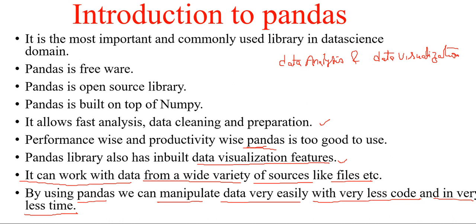You can know the statistical aspects of the data, the column information, and the number of rows. You can describe your data and correlate the columns. Lots of experiments can be done easily and efficiently with less code in less time.